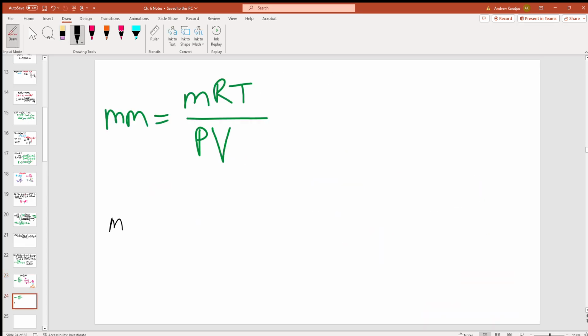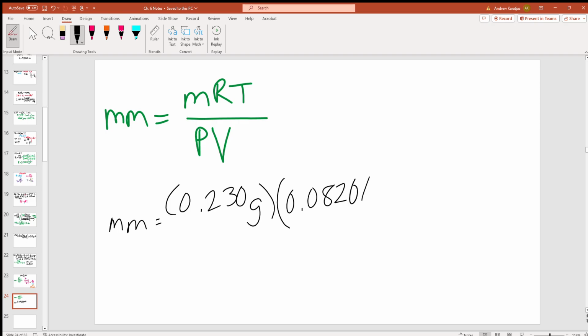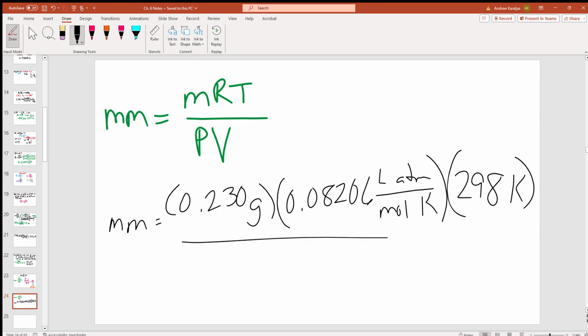So molar mass is equal to mass, which was given to us in the problem, 0.230 grams, times our ideal gas constant, times the temperature, which was given in the problem as 298 Kelvin, over the pressure and volume.